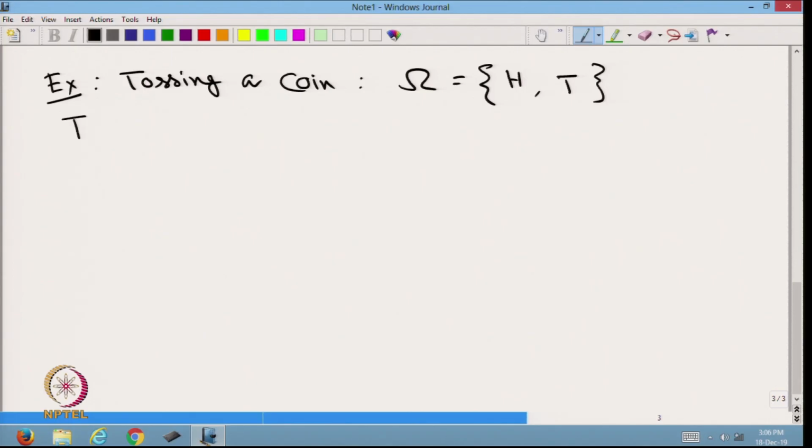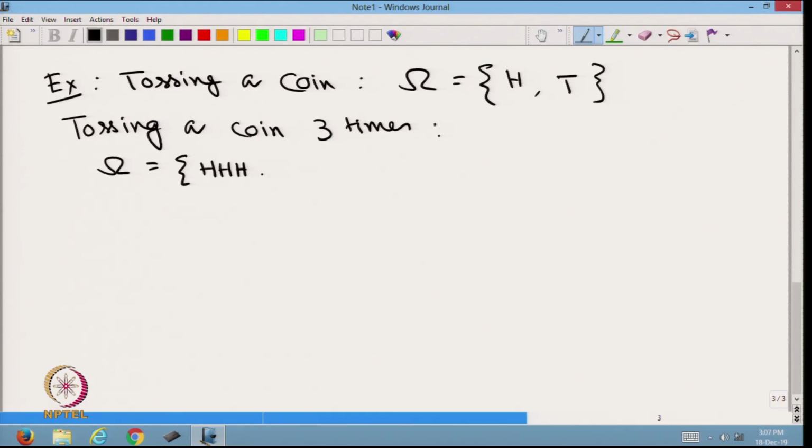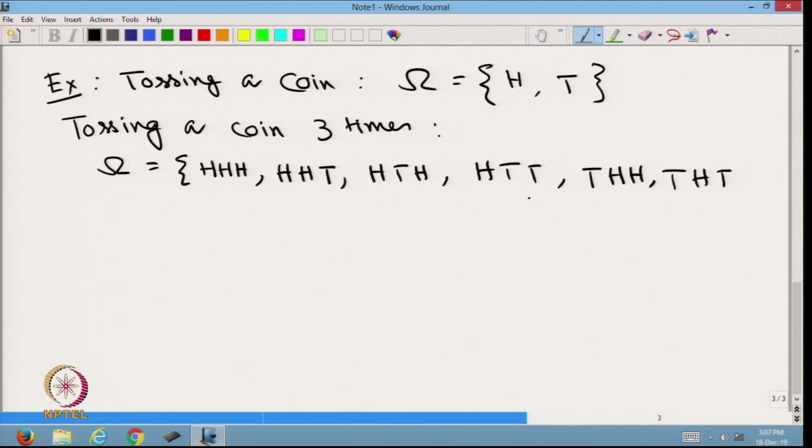Similarly, tossing a coin 3 times, we will have omega equal to HHH, HHT, HTH, HTT, THH, THT, TTH, TTT.